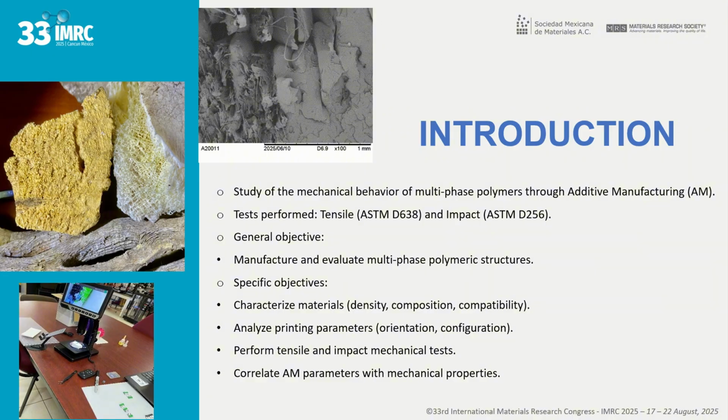Perform tensile and impact mechanical tests to evaluate strength, stiffness, and energy absorption capacity, using ASTM test methods, and analyze and correlate the parameters of the mechanical properties of multiphase structures for their better and greater utilization.